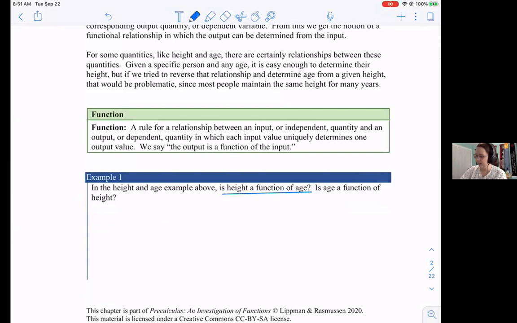That's asking us if we know age, do we know the exact height? So if I'm 31, can I be two different heights? Because that would be what would stop it from being a function. So in the chat, tell me yes or no, is height a function of age?